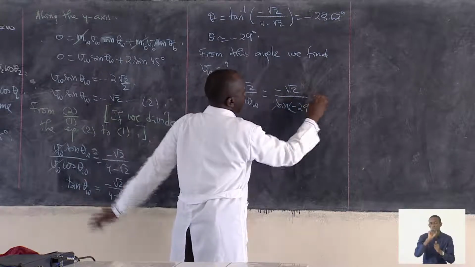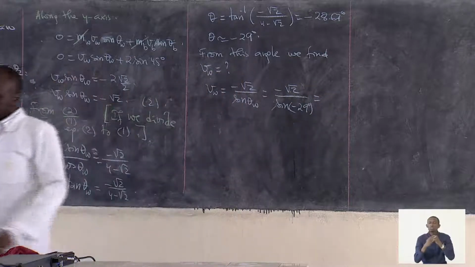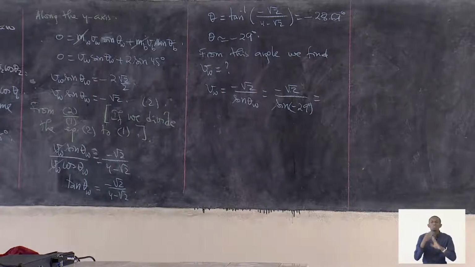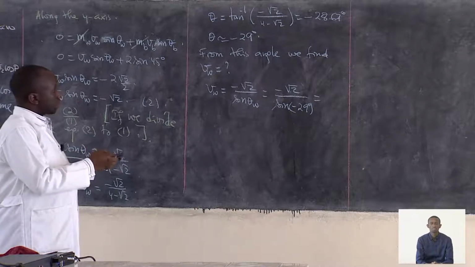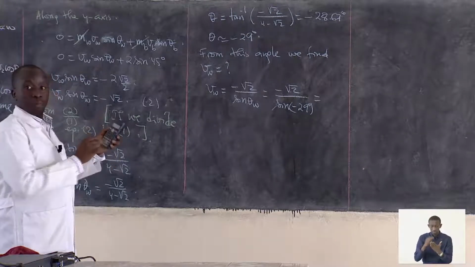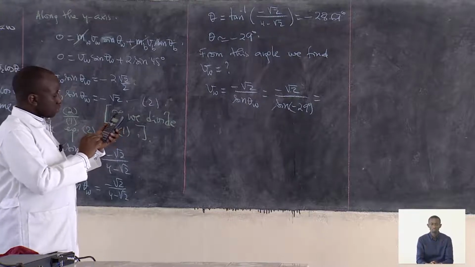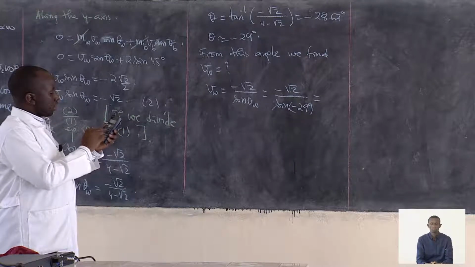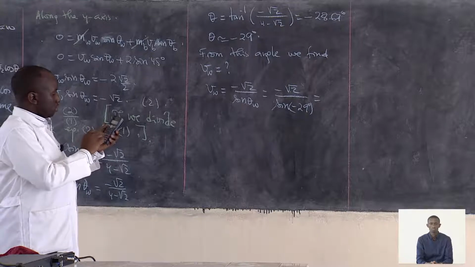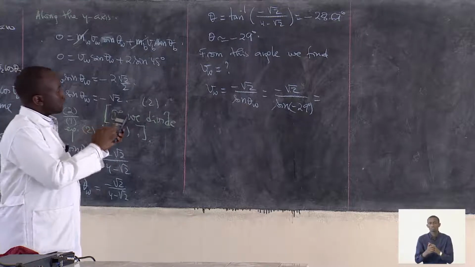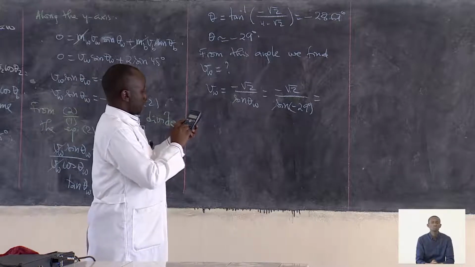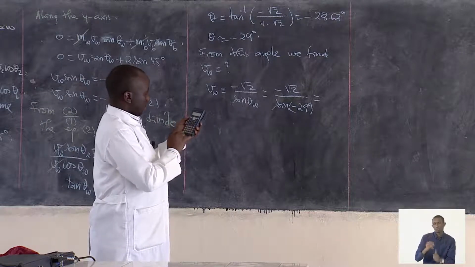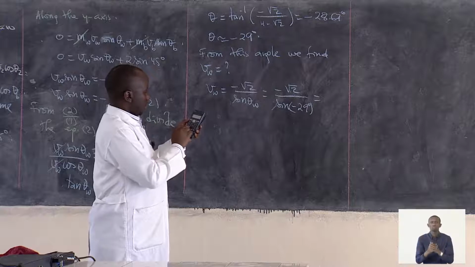And what is this speed going to be? Here we have minus square root 2, and then we divide by sine of minus 29.